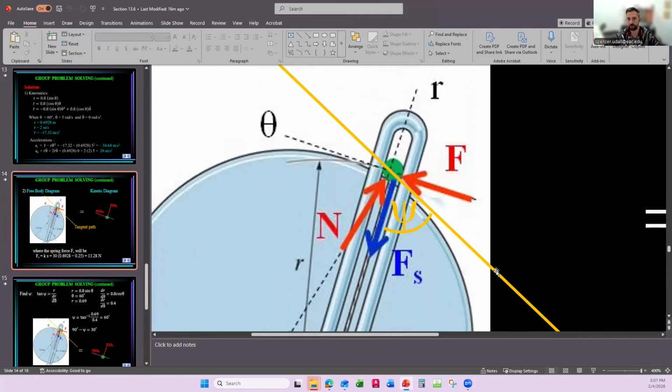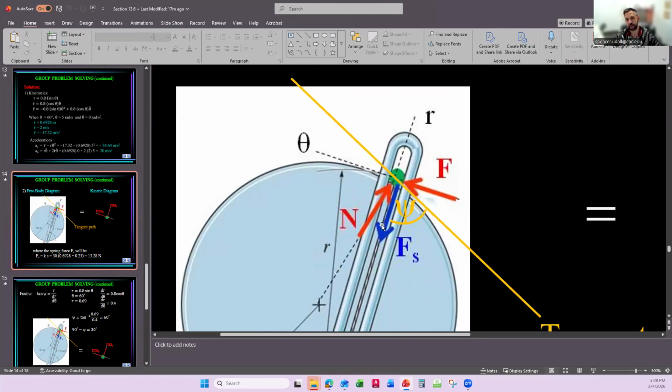So perpendicular to the tangent line would be this normal force that pushes out on the ball. So that's the one where we have to think, how are we going to handle this? That is neither in the theta nor the r-axis, so not as clean-cut as the F and the spring force.